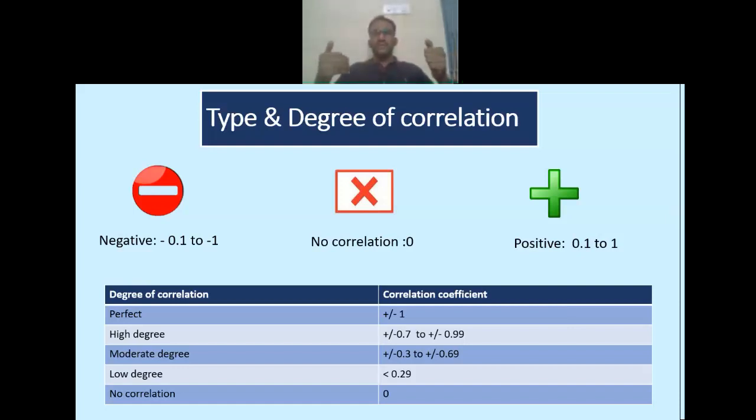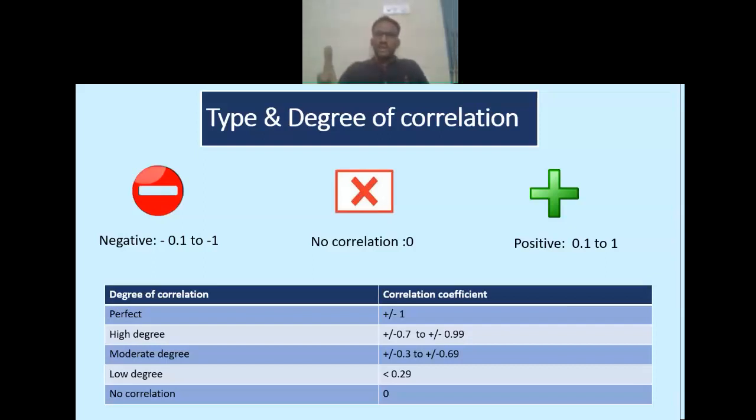Then we are also interested in knowing about the degree of correlation. Degree means how much the correlation is. It can be a perfect correlation: if it is +1, we can say it is a perfect positive correlation, and if it is exactly -1, then we call it a perfect negative correlation. In physiotherapy, or I believe even in healthcare, anywhere, we may not be able to get a perfect correlation per se.